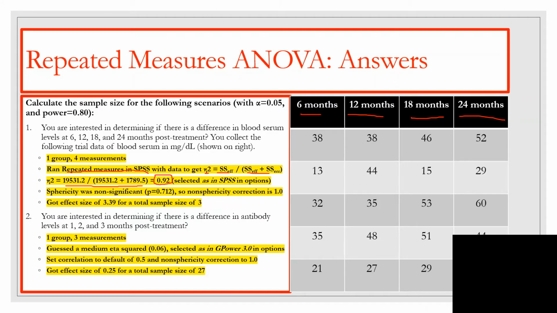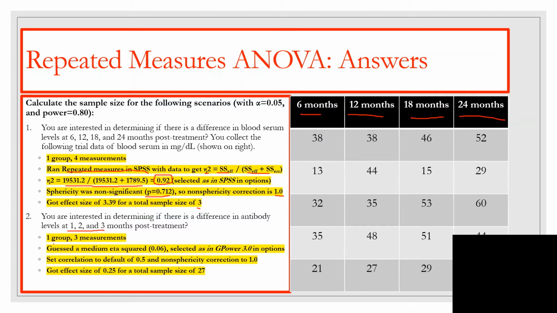As part of this test, sphericity was non-significant, so I can set the correction to 1.0. If it's non-significant, it's spherical, so it's 1. If it is significant, you have to use a different correction. My effect size was 3.39, with a total sample size of 3, so there's a very big difference here. For the second one, all I have is the number of measurements, so one group, 3 measurements.